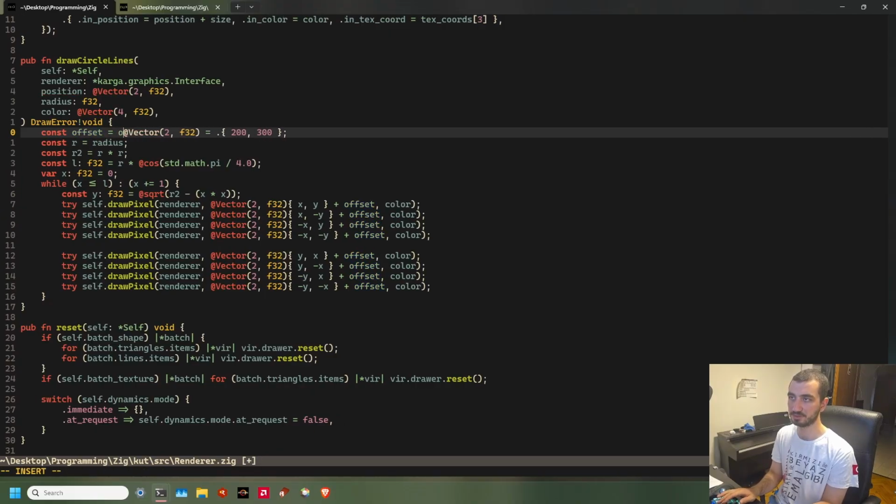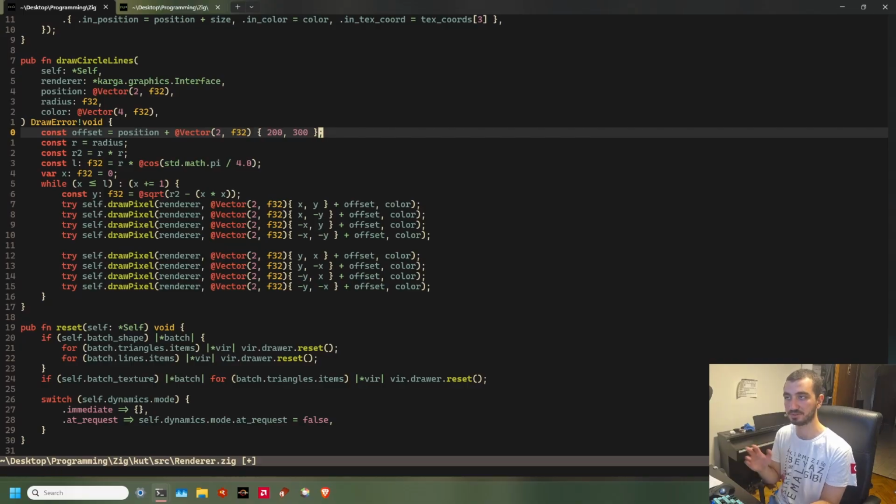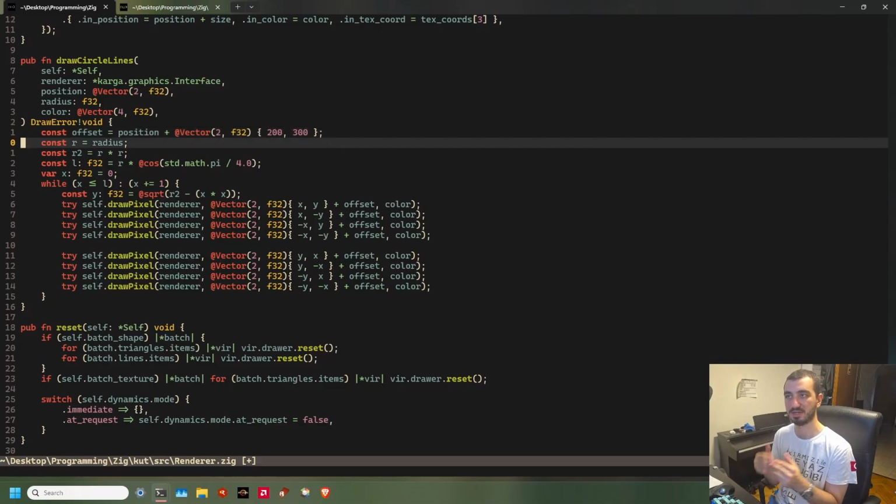Offset is the position. Now there's one problem with this: we are drawing from the center of the radius of the circle, right? Because we start from the left end and go to the right end of it. So our origin is the center.